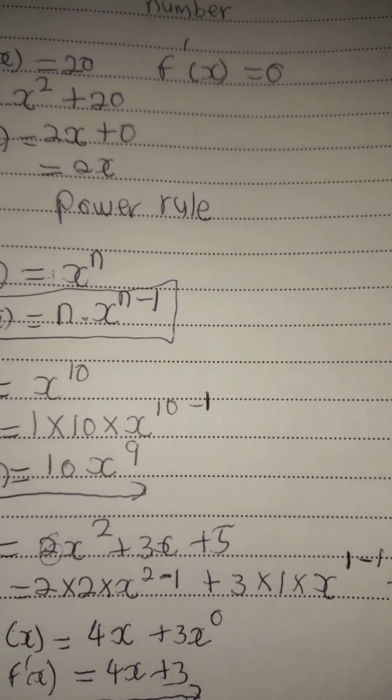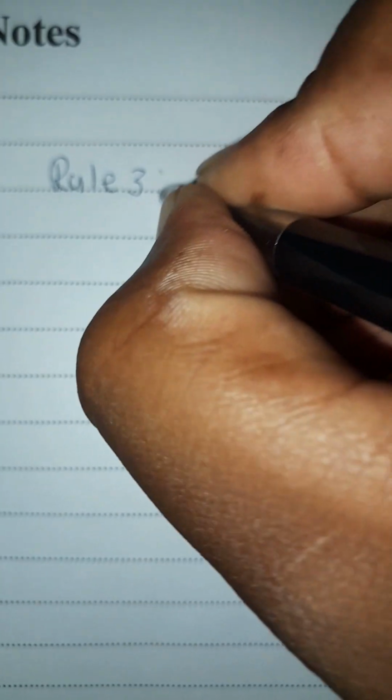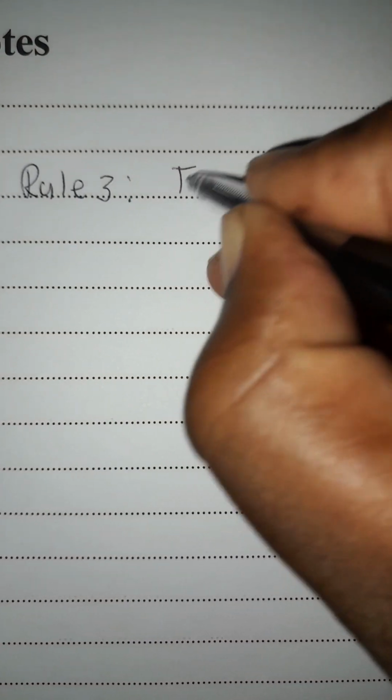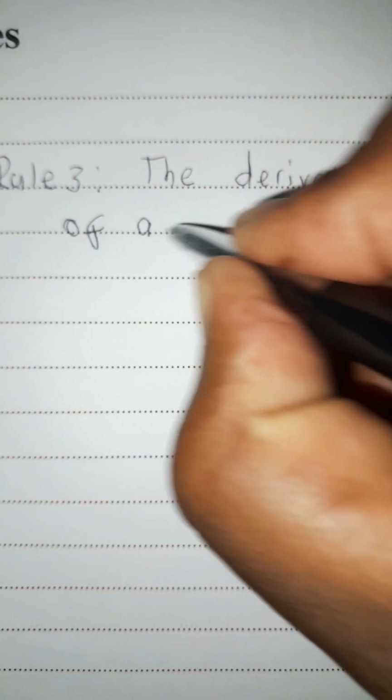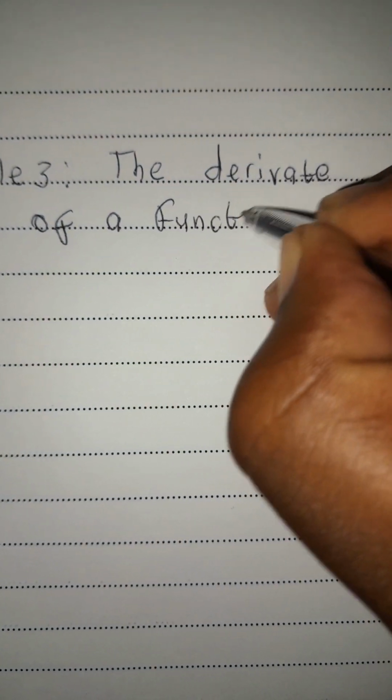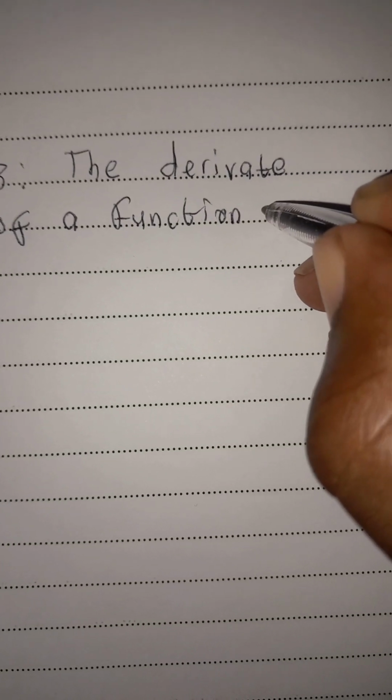So we are going to the third rule. Rule 3 actually says the derivative of a function multiplied by a what?